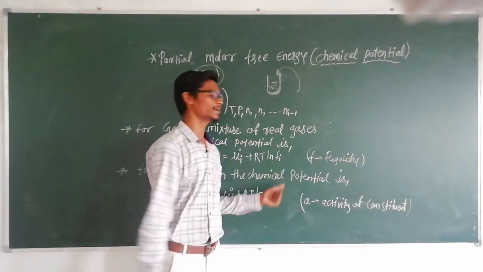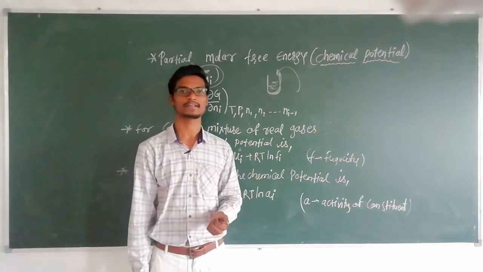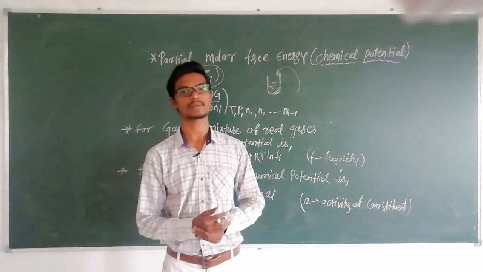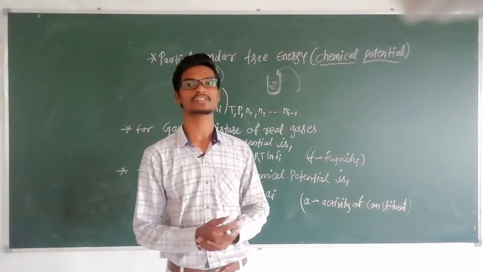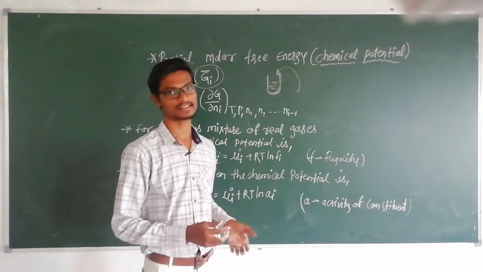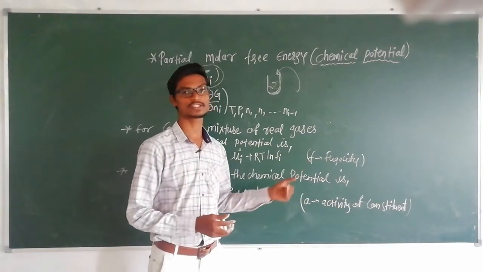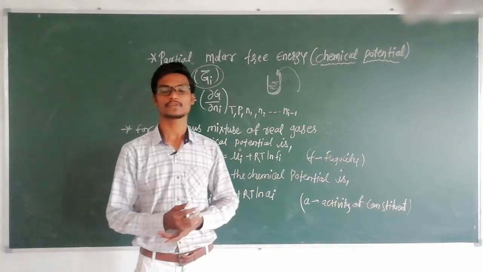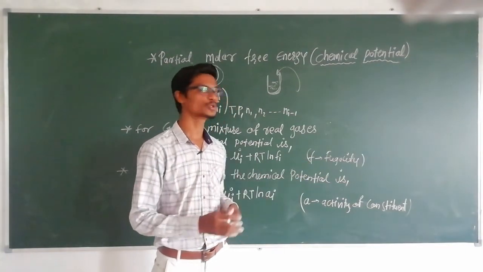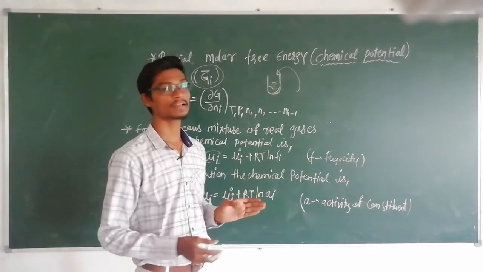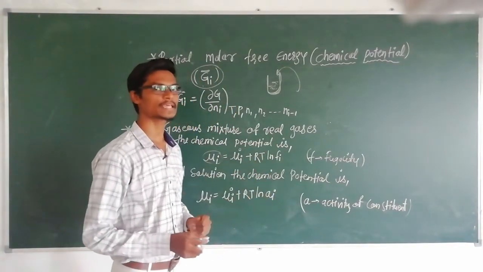This fi is known as the fugacity. Fugacity is a thermodynamic quantity related to real gases, and it is used to write the equations that are applicable for real gases.